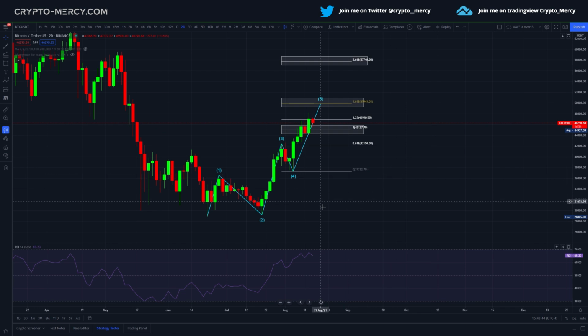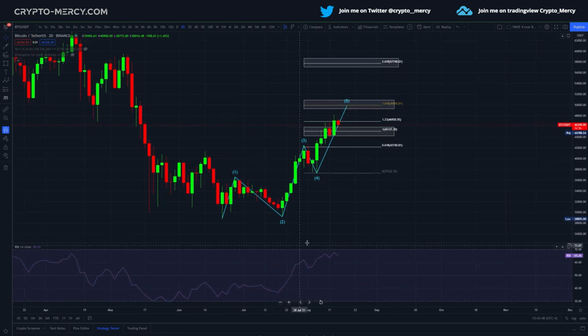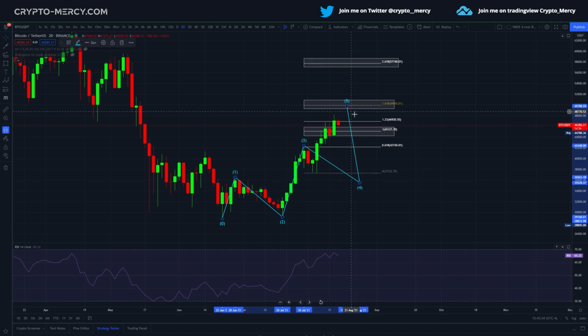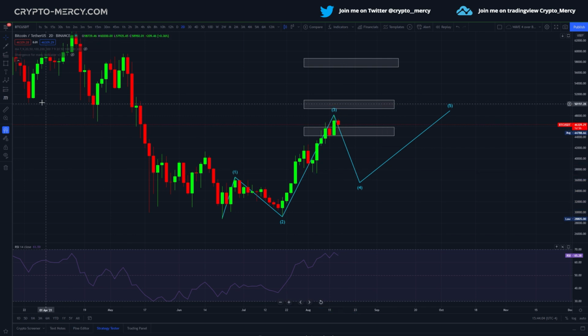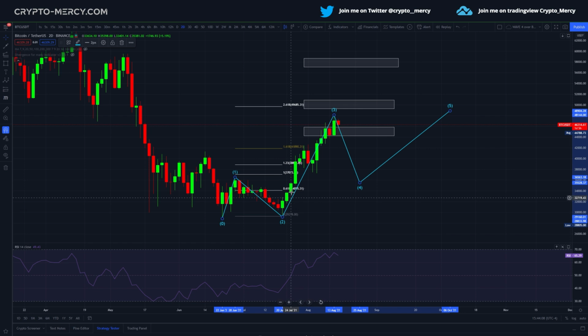If I'm going on the 2-day chart, now the thing is different on the RSI. We don't have any bearish divergence, and it is possible that this wave 3 is not even over. Let's figure out if this is a possibility, and it is important that we do that process.